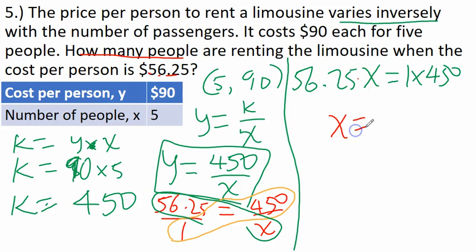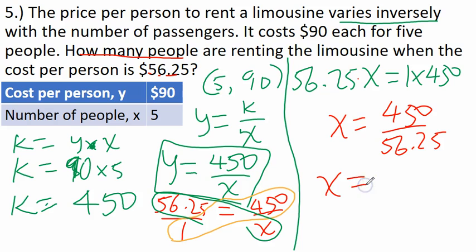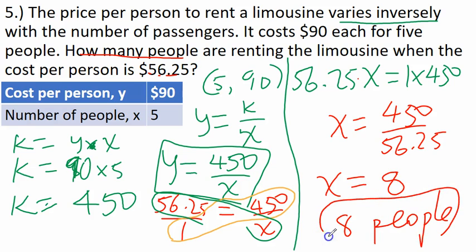So x is going to be 450 divided by 56.25. So x is going to be, plug in your calculator, 8. So there will be 8 people. If there are 8 people, then each person would pay 56.25. They will pay less, because the more people they have, the less they will pay.